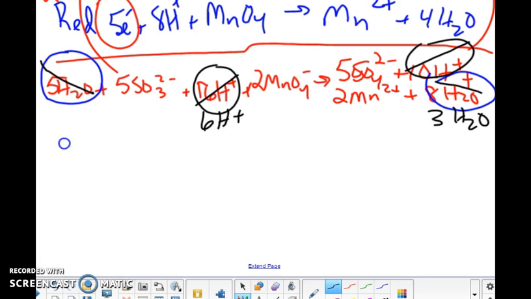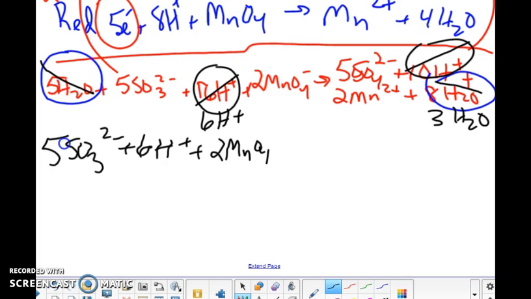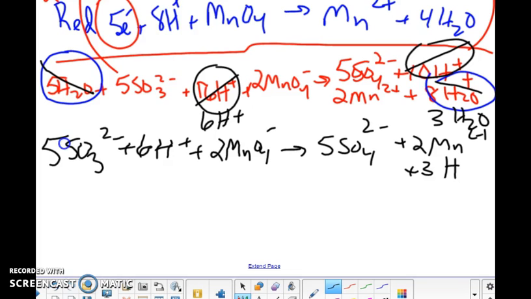So let's kind of all put this together. We have 5 SO3 2 minus plus 6 H plus plus 2 MnO4 minus makes 5 SO4 2 minus plus 2 Mn2 plus plus 3 H2O. Now what do we do? We make sure that this works out.